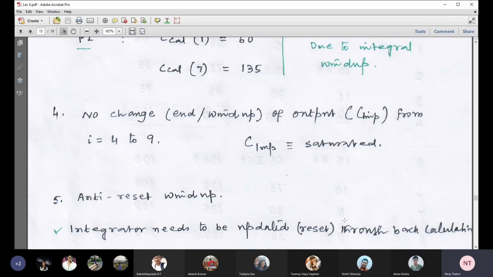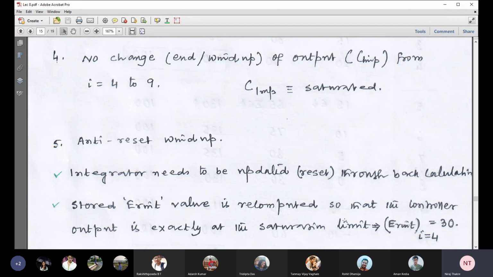Now, what is the fundamental concept behind this anti-reset windup? You can note down these points. I think it's not difficult to understand. For developing the anti-reset windup, we take care of these issues. First one is the integrator needs to be updated through back calculation.